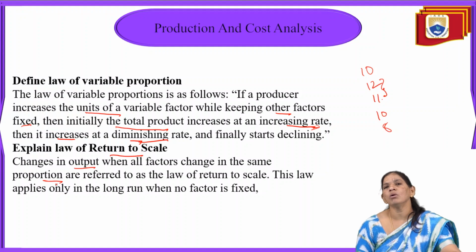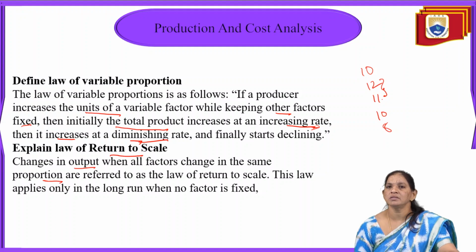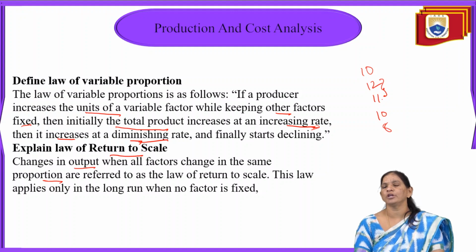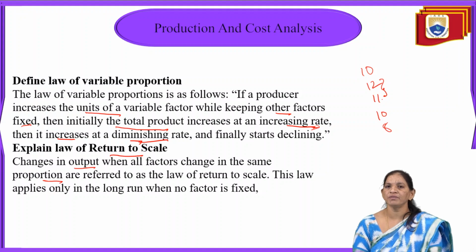In the long run, organizations have a sufficient period of time, so based on external demand or requirement, all factors can be changed. Long run means more than 1 year to 5 years. So all factors are changeable.